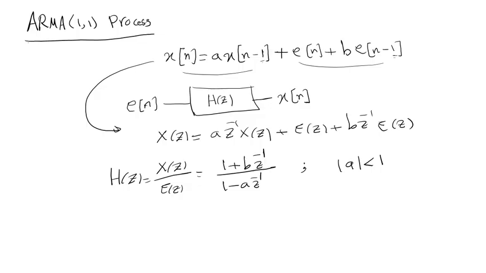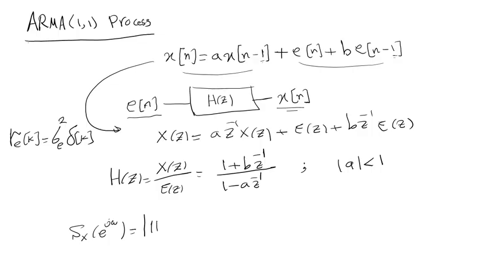And the white process, it means the autocorrelation of the process is sigma squared e, the variance of the process, times delta function, delta k. The spectrum of output S_x(e^jω) equals to the frequency response magnitude squared multiplied by input spectrum.